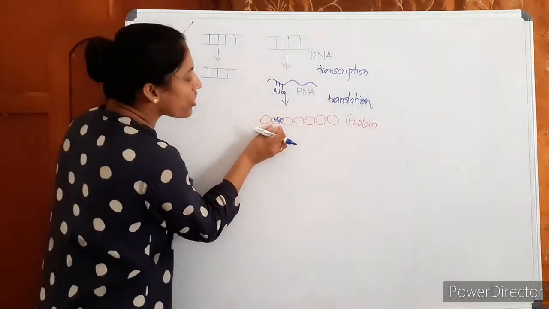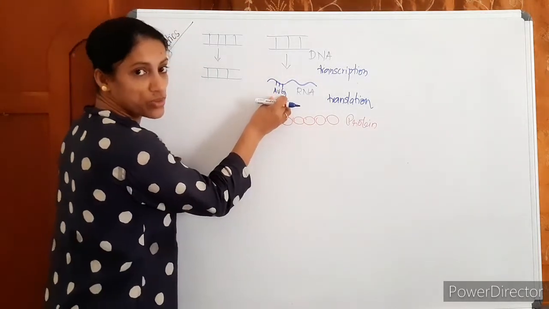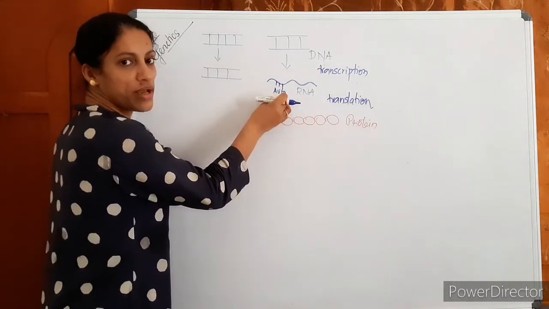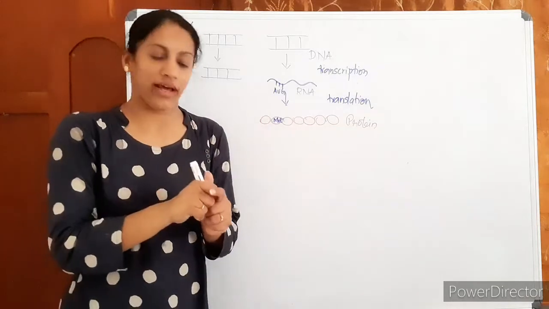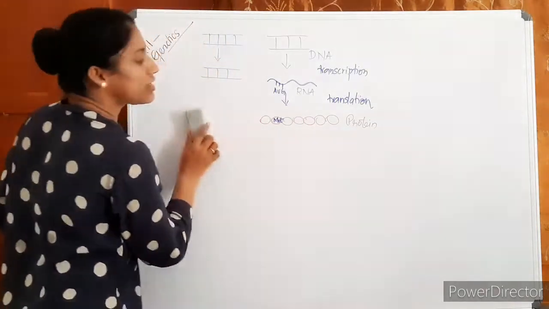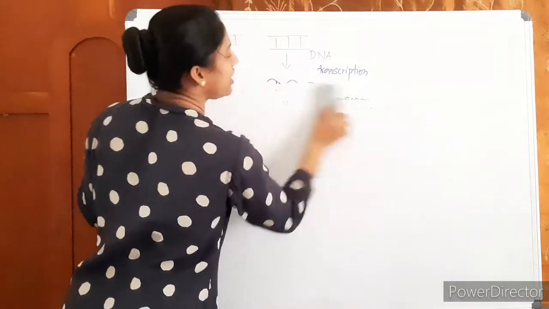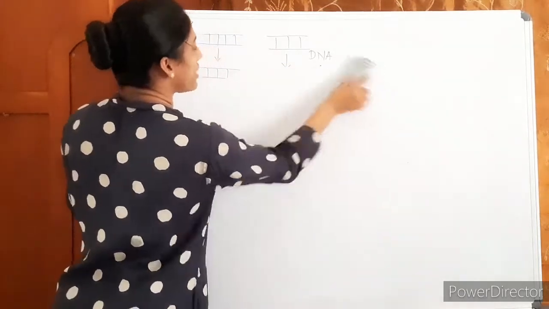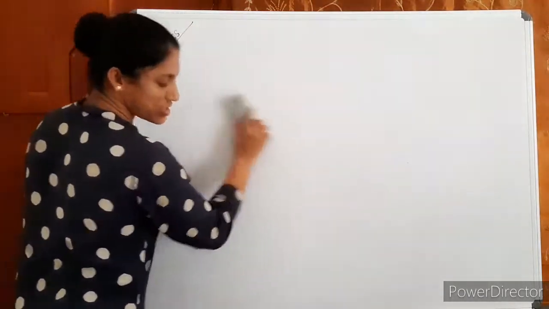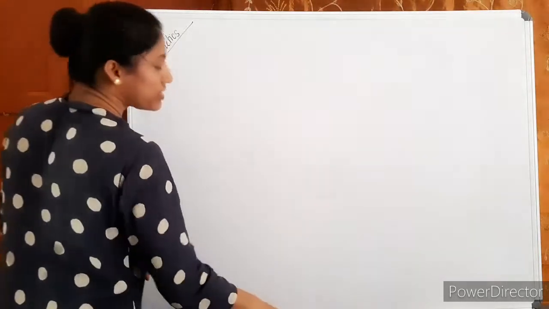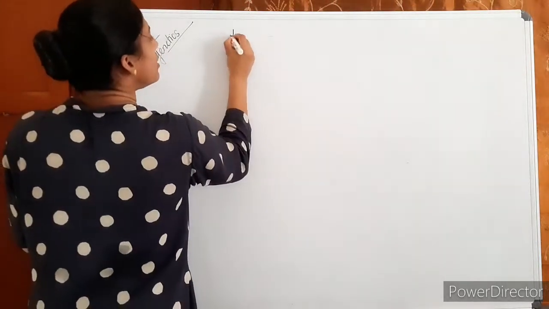I mean, the methionine can be attached to AUG easily, but not directly. So here is the requirement of an adapter. The adapter is nothing but a tRNA molecule. That is our next topic: structure and function of tRNA, transfer RNA.